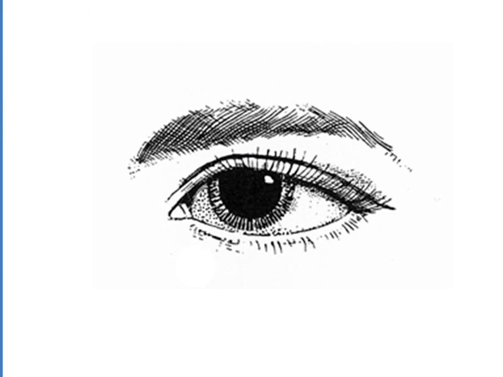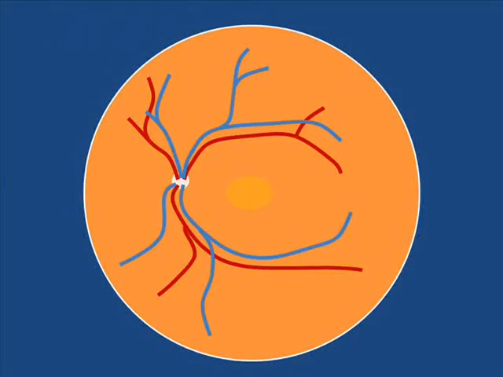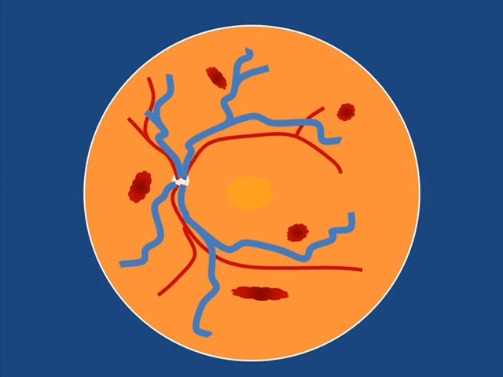At the same time, because of the blockage in the central retinal vein, hydrostatic pressure within these retinal vessels is increased, as evidenced by the tortuous and distended veins as well as the intraretinal hemorrhages.